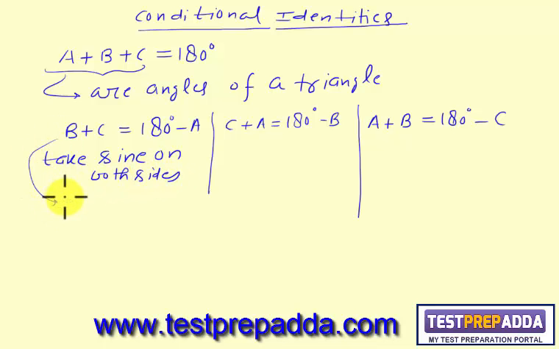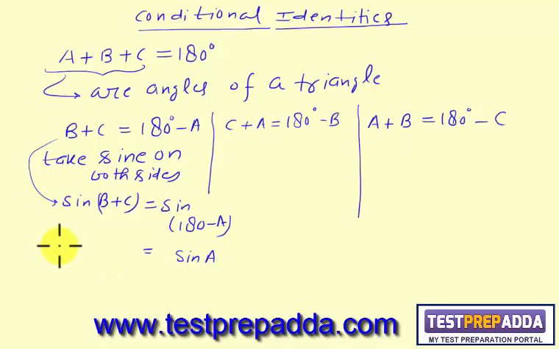So what can we write? Sine B plus C is equal to sine 180 minus A. Sine 180 minus A is what? Sine A. But it will be positive or negative will be decided by the concept of quadrant. 180 minus A. This angle will lie in the second quadrant.